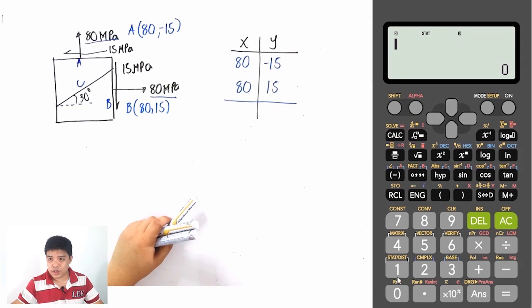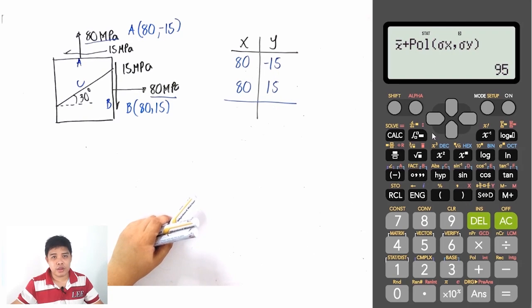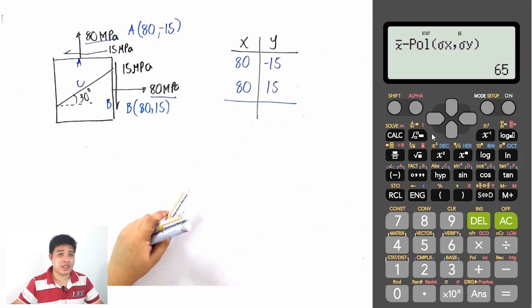Press A, shift 1, sigma y. Of course, you get the answer 95 and negative 65. So there is no problem here if you just want to get the maximum and minimum normal stress.